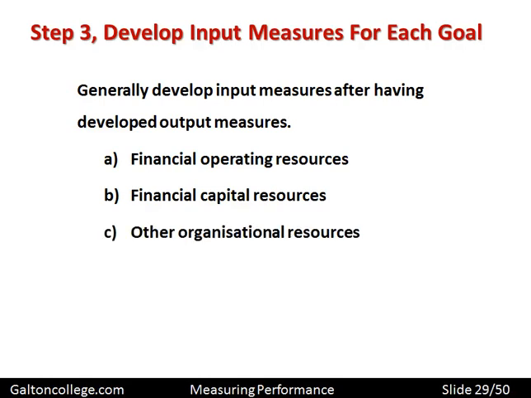Look at the other organizational resources that are required. Adjustments in, for example, office space. The organizational resources can be any part of the business, really. It can be the store's capacity, the size of the stores. However, that may come under capital. It could be the office equipment, not just the office space.